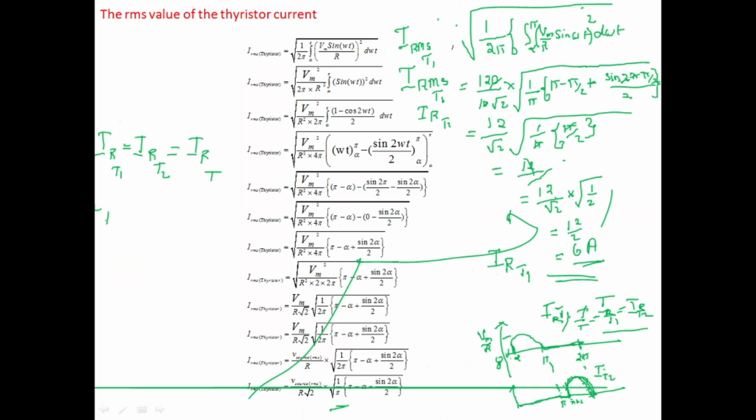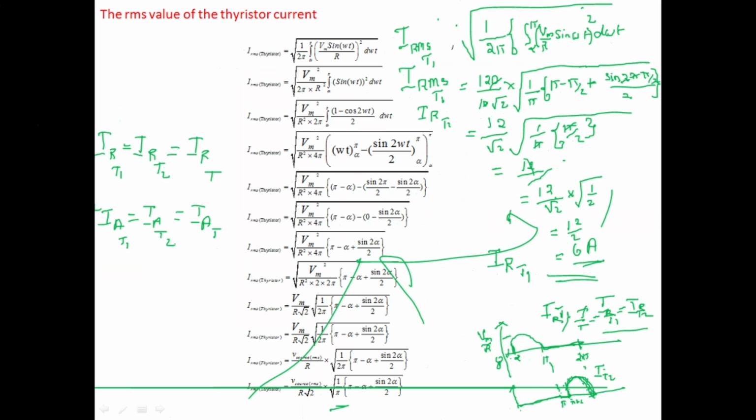Similarly, the average value we have previously calculated for the same waveforms. So the average current flowing through T1 is equal to the average current flowing through thyristor T2, equal to the average current flowing through any thyristor T. If you calculate the average current for these two waveforms, it gives you the same value, whether it may be RMS or average.